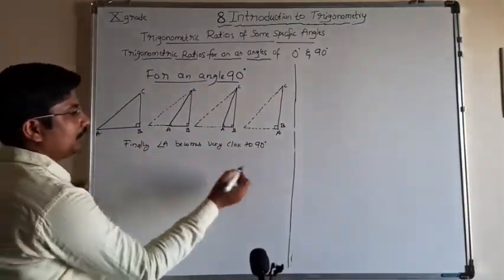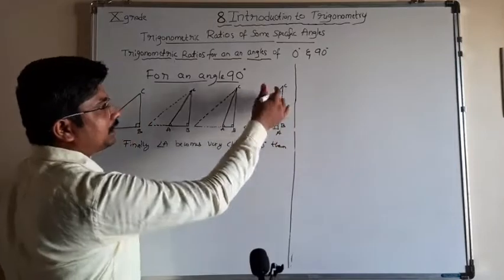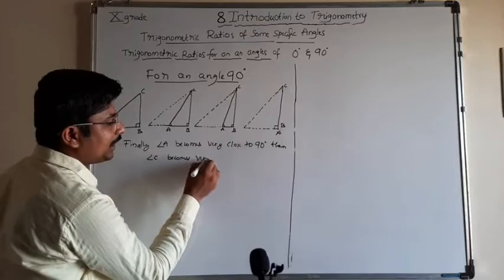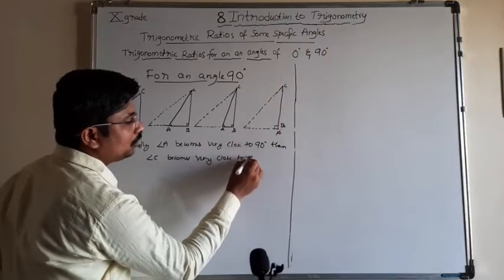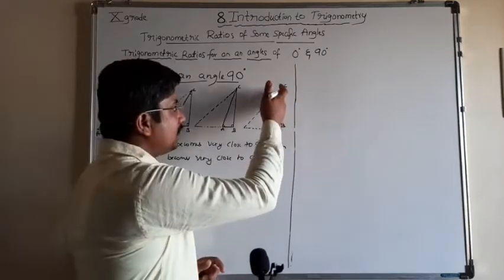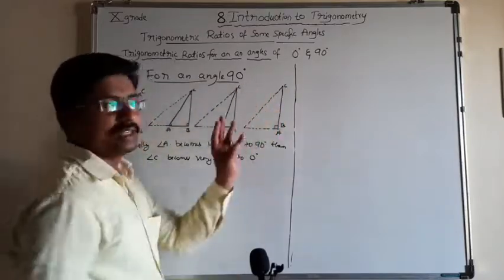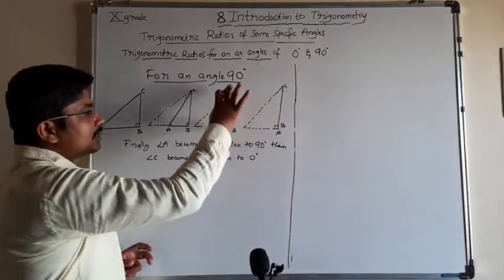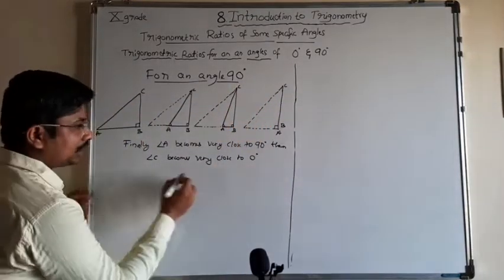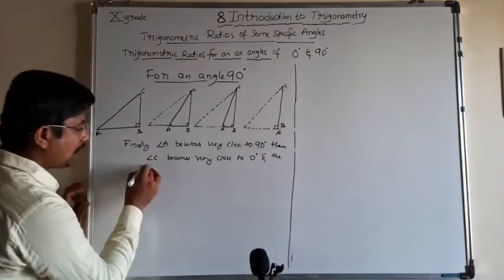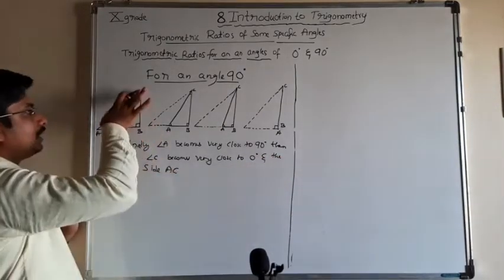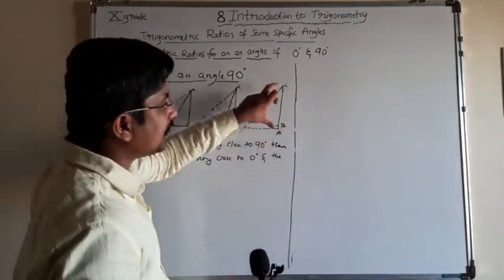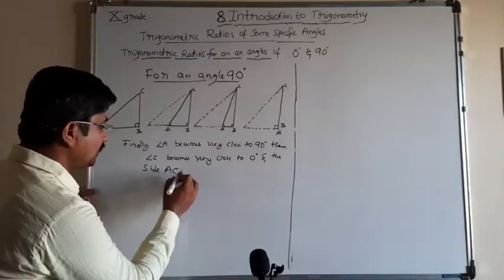Then what about angle C? Angle C becomes very close to 0 degree. And the side AC coincides with the side BC.